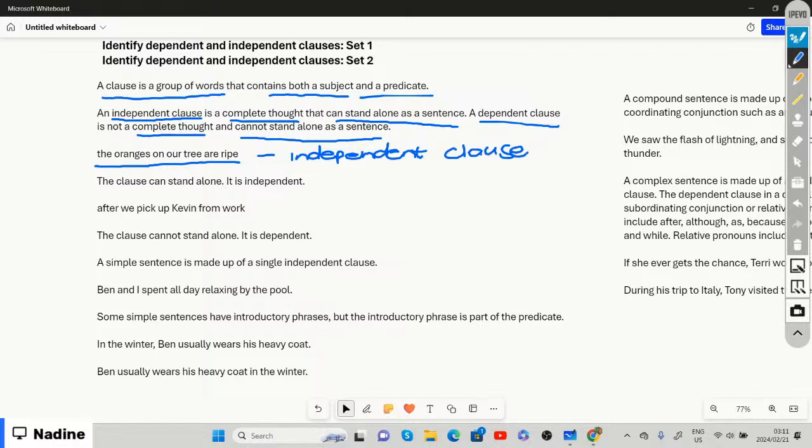It can stand on its own, it can stand alone as a sentence, because it has a subject, which is the oranges, and it has a predicate. So it basically tells us what it is doing.